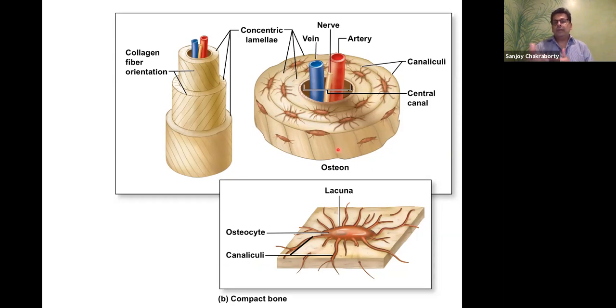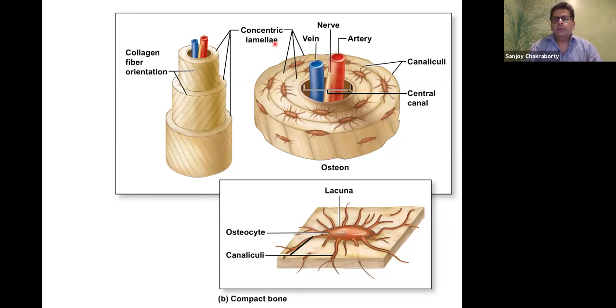So a couple of names now. Lacuna is the space, canaliculus is the singular, canaliculi is the plural, the narrow channels where the cytoplasmic processes of the mature osteocyte are. Osteocyte is the mature bone cell, residing in the lacuna. And this yellow ring, the concrete ring that they create, is called lamella.